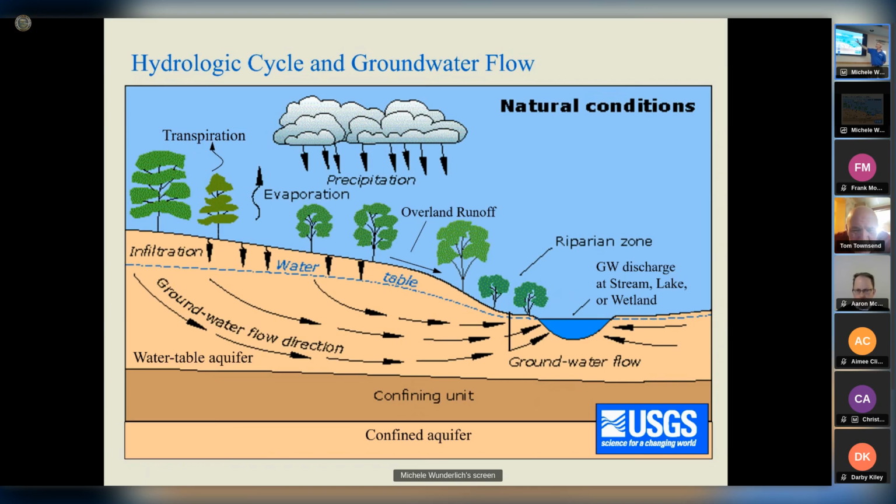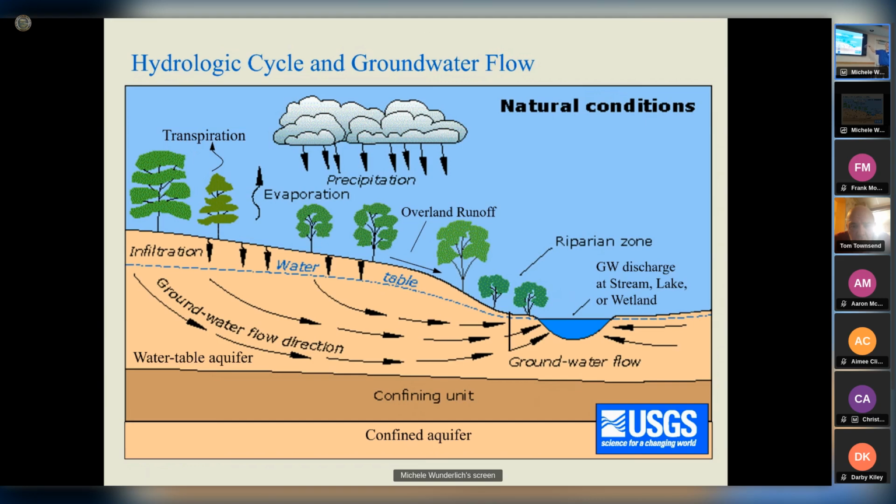A water table aquifer can receive infiltration from rainfall, and that's going to happen. The recharge seasons are generally this time of year, mid to late fall, before ground freezes, and mid to late spring, before vegetation is fully ramping up and taking up water.